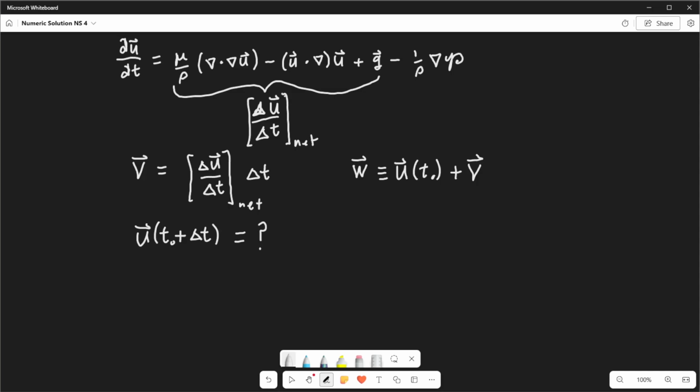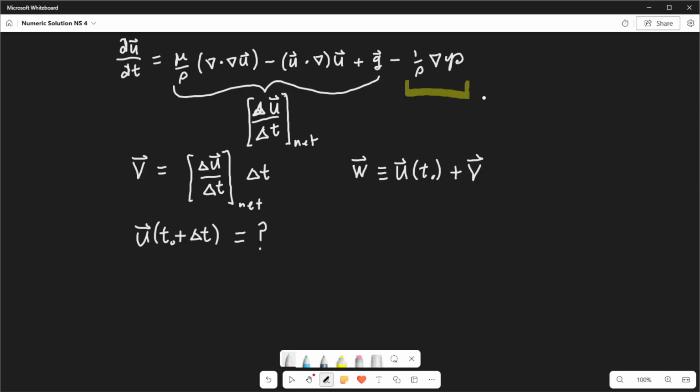This is what restores the fluid to being a fluid, and this is what generally has to be applied in order to convert W to u.